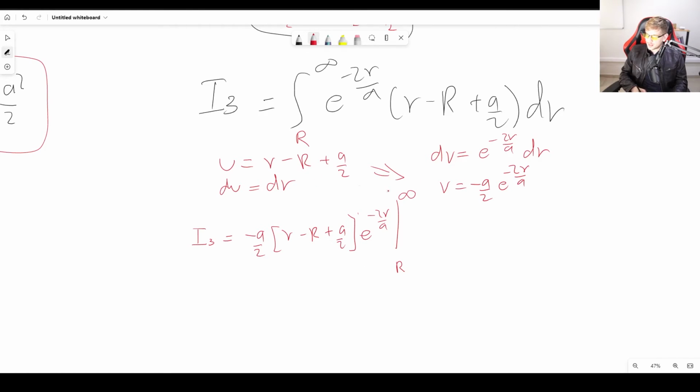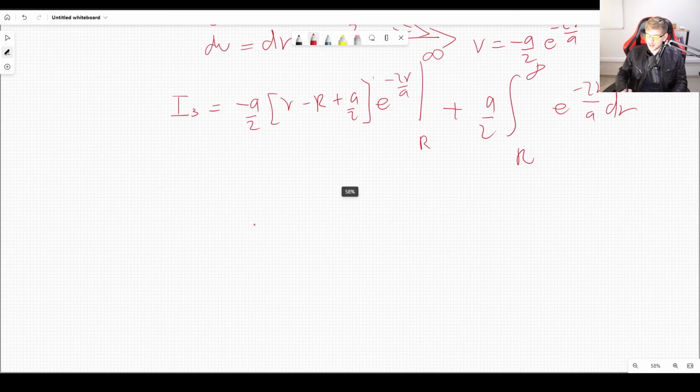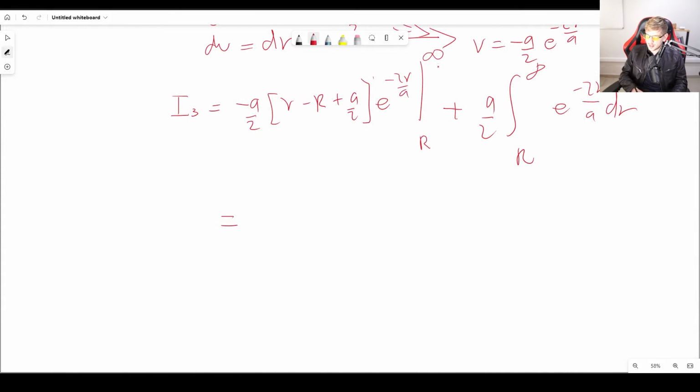So then we have the second part, of course, the product of these two. We get minus minus, so plus a over 2 integral from r to infinity of e to the minus 2r over a dr. Now at infinity, the exponential goes to 0. So for the second part, minus minus is plus a over 2, and then big R minus big R is 0, so we get this thing squared, e to the minus 2 big R over a.